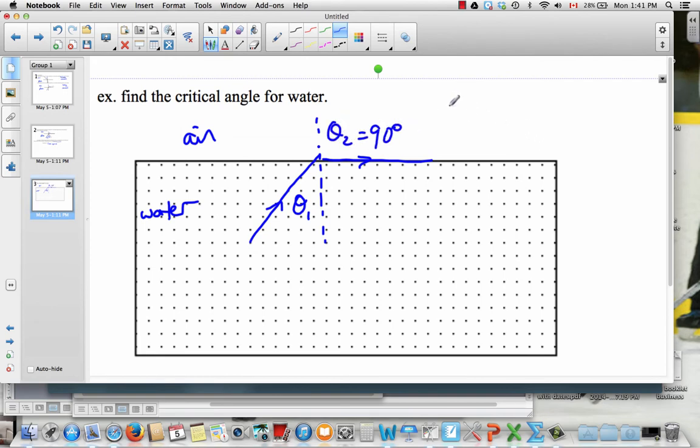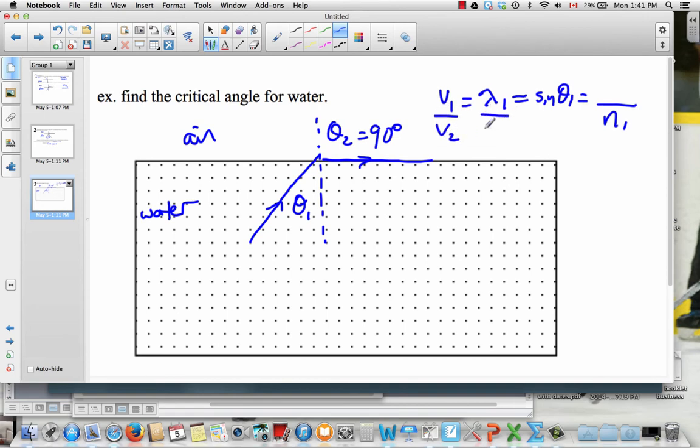So we apply Snell's law, which says n1, sorry, the way we write it is a little different from that. Let me clean that up. The way we wrote it in class was to say that speed was larger when wavelength was larger, when angle was larger, and that happens when n is smaller.